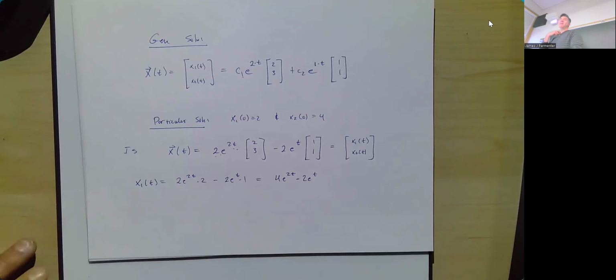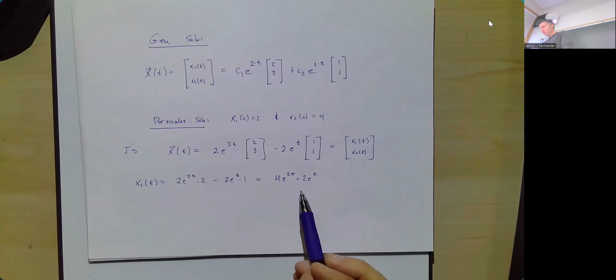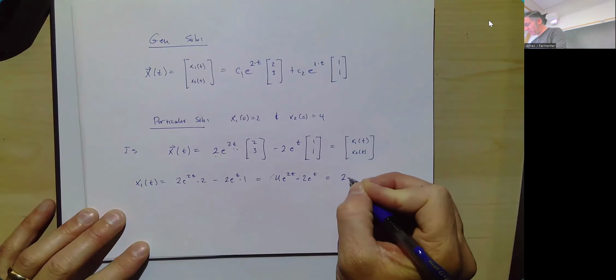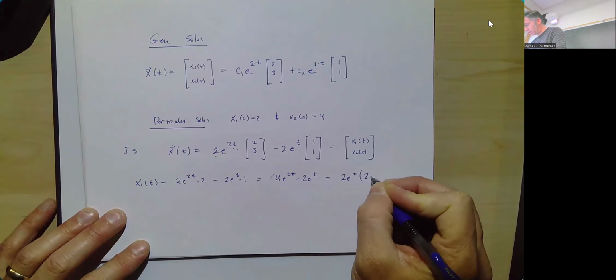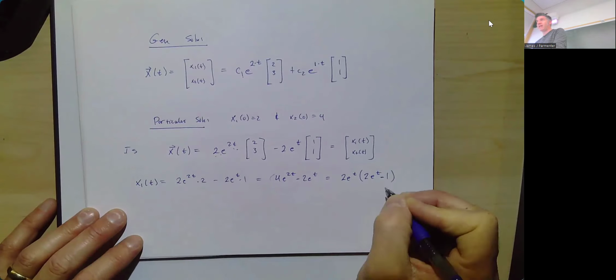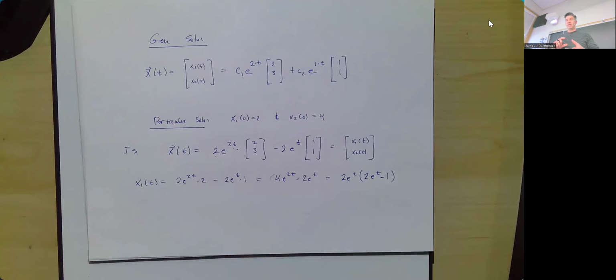And to make it easier to see what's going to happen, because here, if t goes to infinity, this is infinitely large, and so is this, and infinity minus infinity is kind of weird. But if you factor out a 2e to the t, you're left with 2e to the t minus 1. And now you can better see that if t gets infinitely large, then that's going to be infinity, and that's going to be infinity as well. Infinity times infinity is infinitely large.